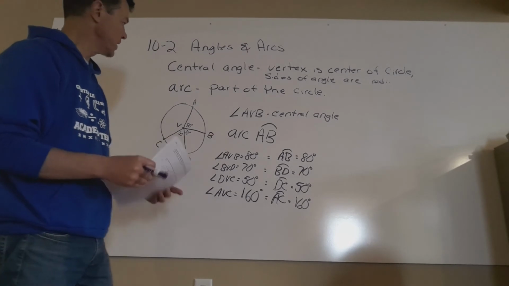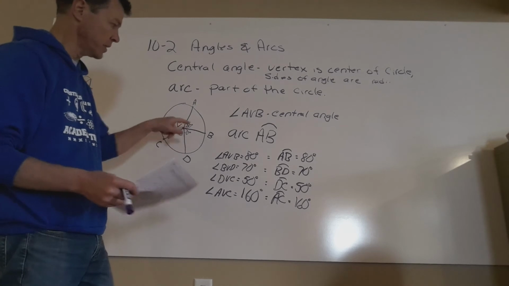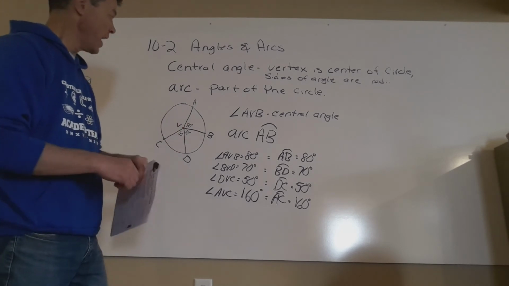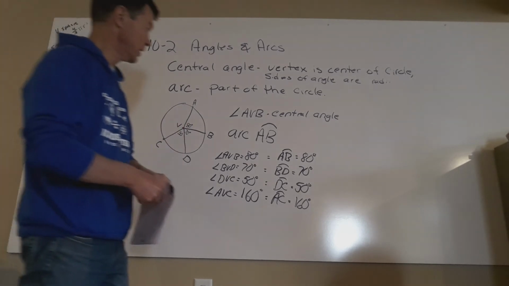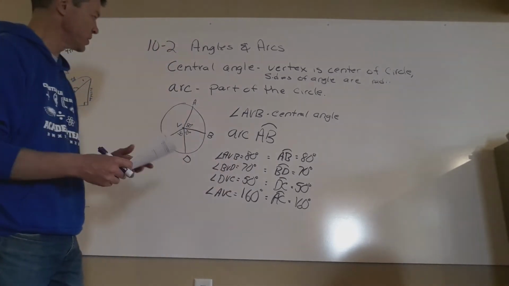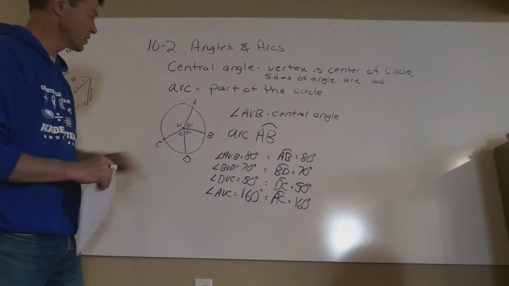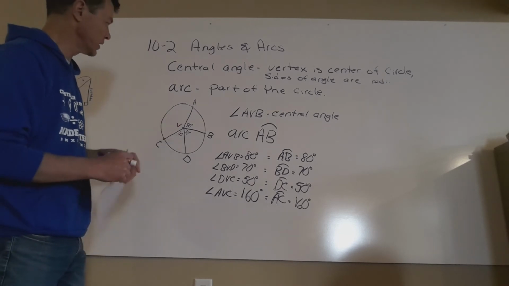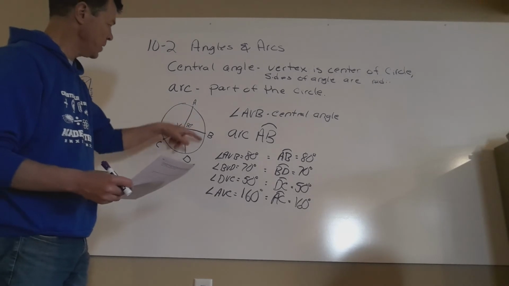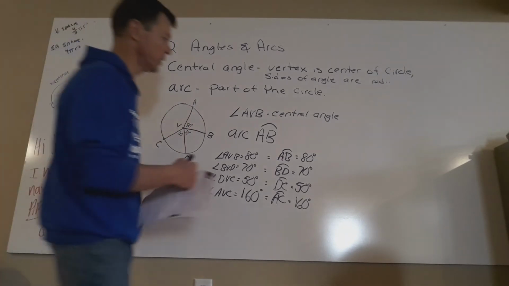Okay, we've got a pretty good understanding of what the arcs are. It's just a portion of the circle that's formed from the central angle. We have major arcs and minor arcs, and just as they sound, major is going to be bigger, minor is going to be smaller. A minor arc is going to be the smaller portion. It's going to be less than 180 degrees. AB would be a minor arc.